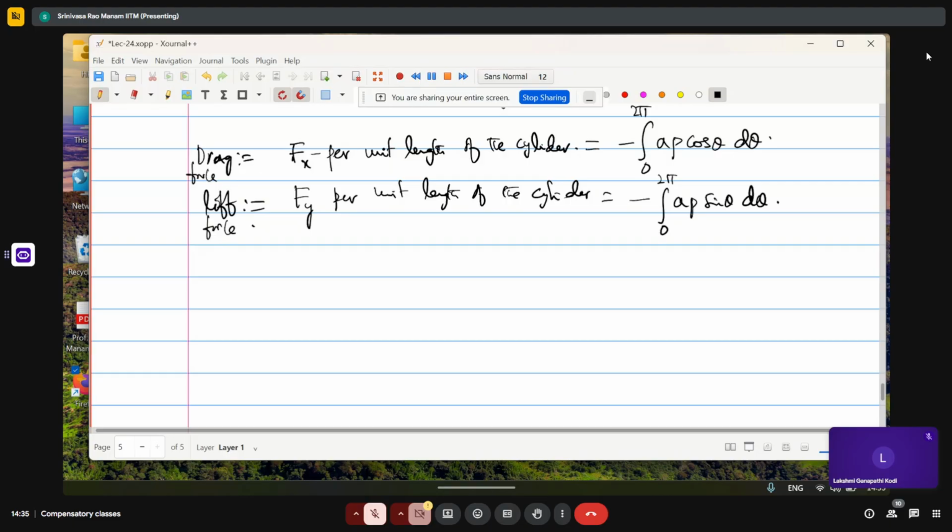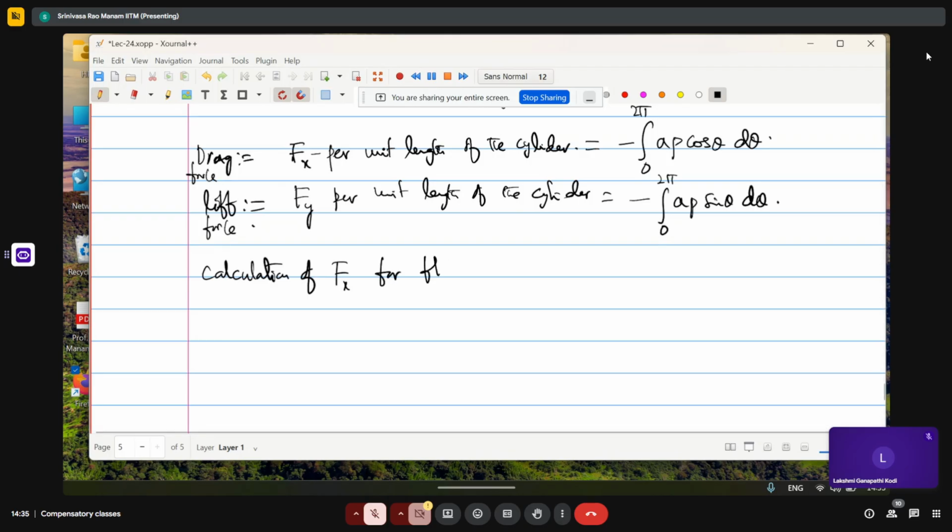So how do you calculate this for your problem? Calculation of Fx for flow past a circular cylinder.